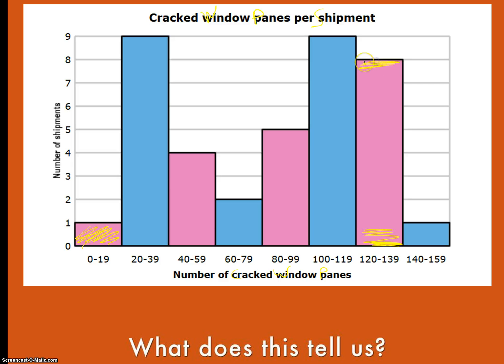They have 8 times. Okay, so there might be an easier, more conducive way to display this data, but it's a good visual that they have quite a few that are cracked, another high one here, high frequency between 20 and 39. So they want to look at that data and see how they're shipping that many, and maybe that will lead to a solution for their company.